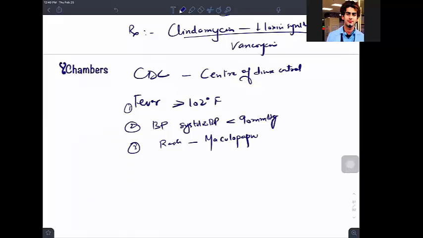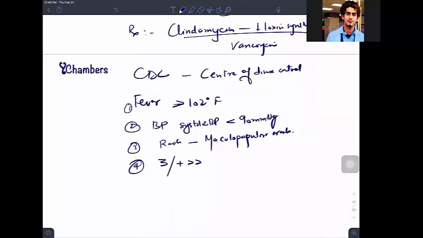And in the multi-organ failure, they said there should be three or more organ involvement in the multi-organ dysfunction. Are we able to understand?